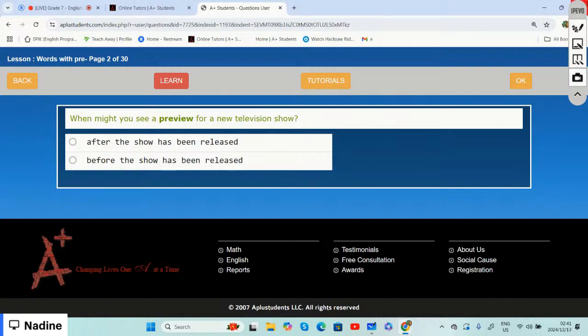Is it option one, after the show has been released, or option two, before the show has been released?